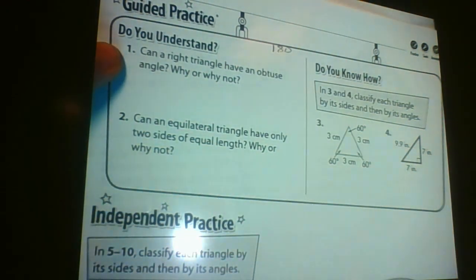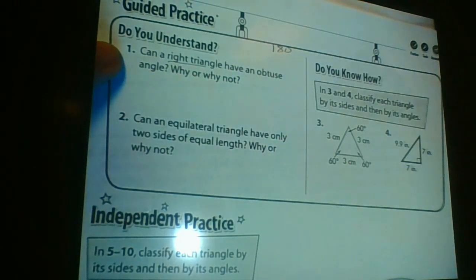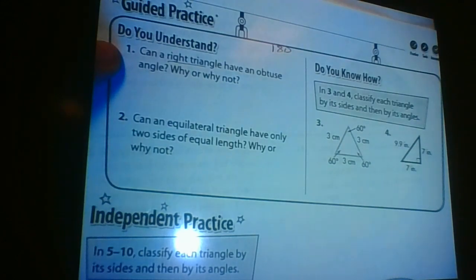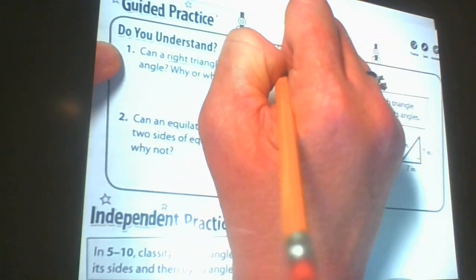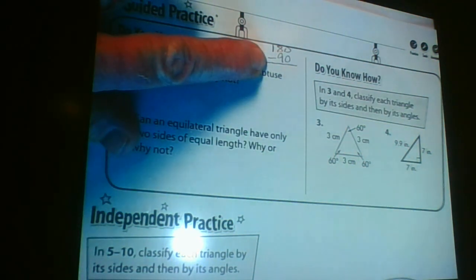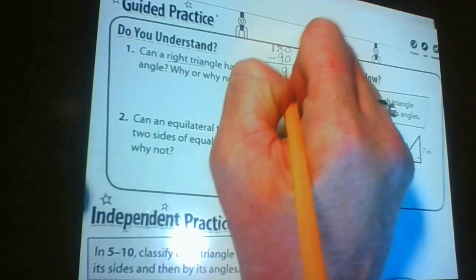Now, what is the measurement of this right triangle? Your notes tell me a right triangle has 1 angle that is a 90-degree measurement. So you are going to take the total minus the one angle that we know. So 180 minus 90 gives me 90.